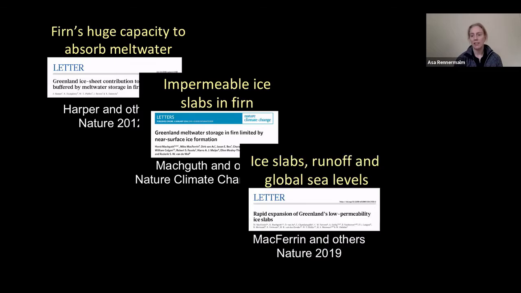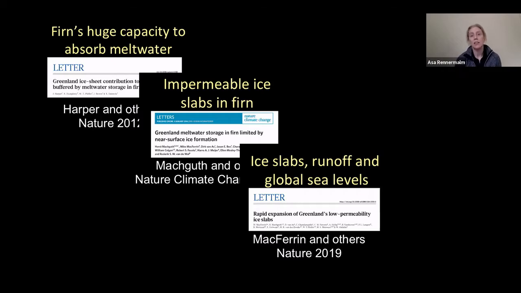And last year, Mike MacFerrin published a paper in Nature where he showed that these very thick layers of ice just below the surface of the ice sheet would have a significant impact on global sea level if they continue to expand according to the model projections in the 21st century.